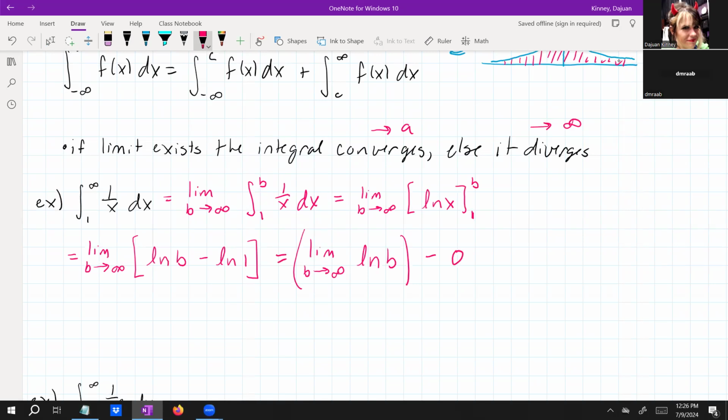Let me double check. Okay, so as b goes to infinity, what happens to natural log of b? I should probably remember this, but today I do not. I'm going to plug in some really big values. All right, sorry, let me cheat a sec. My calculator does limits.